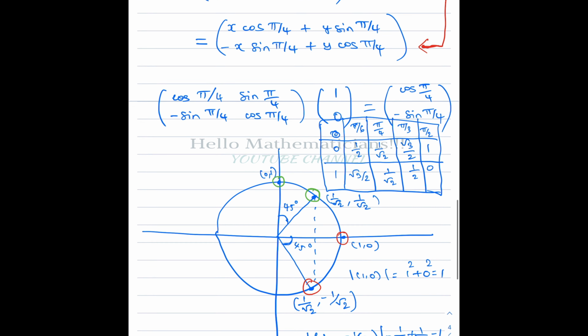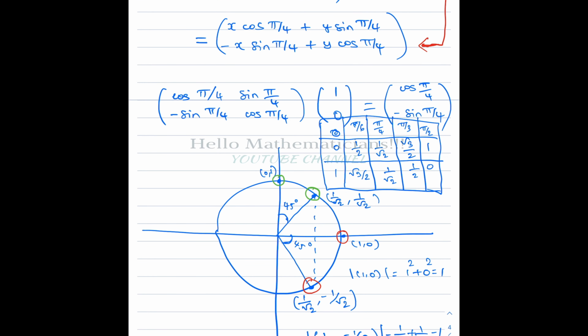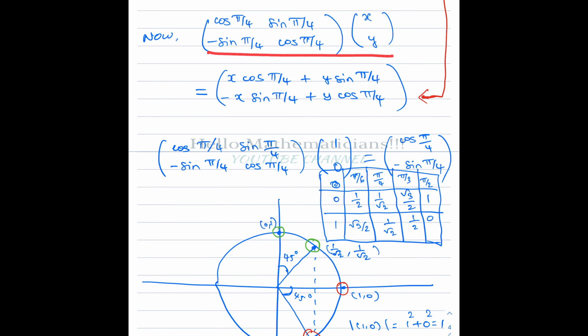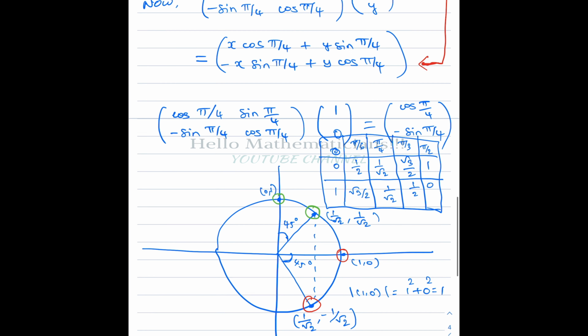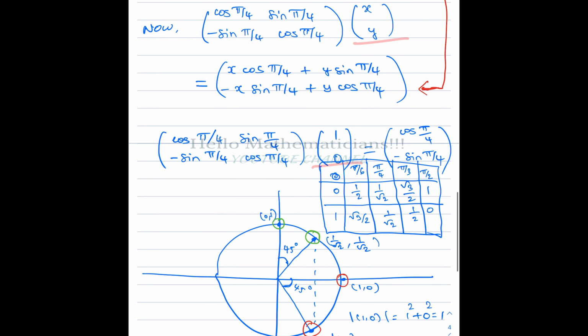Okay, so now we see how to visualize this action. We take this vector xy to be 1 comma 0, then we get the image of 1 comma 0. So 1 comma 0, you see, is a point on the x-axis. I look at the image of 1 comma 0 under this matrix. I get cos pi by 4, minus sin pi by 4.